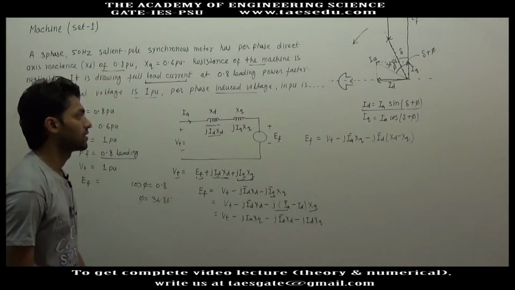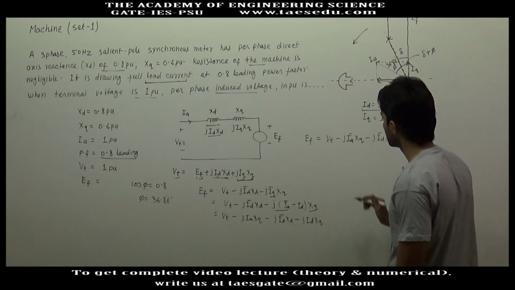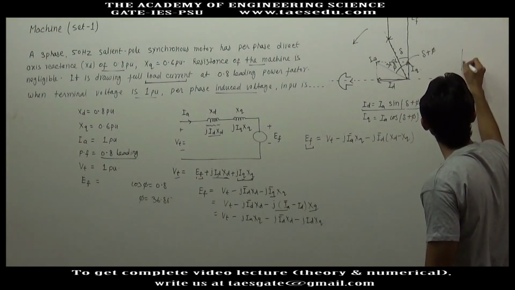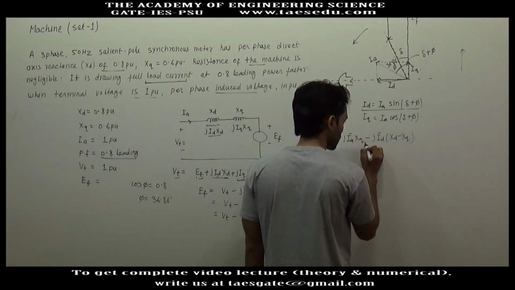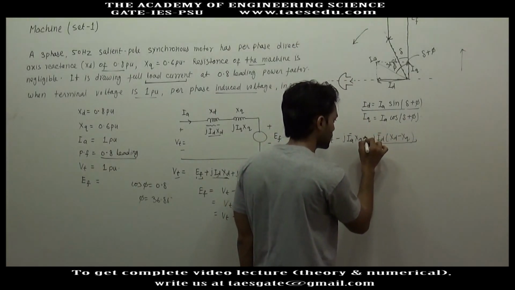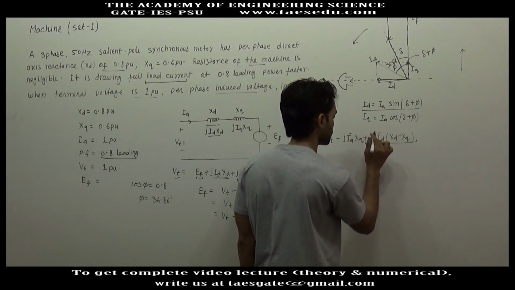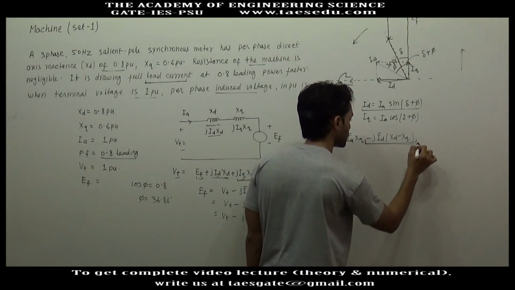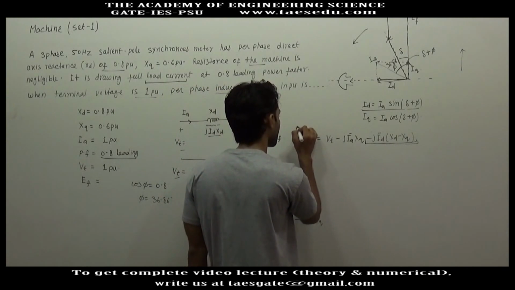Okay. Now in this equation, the direction of EF is, in the phasor diagram, in upward direction. What will be the direction of this vector? Minus jId(Xd minus Xq). So what is the direction of this vector? The direction of EF is in upward direction.